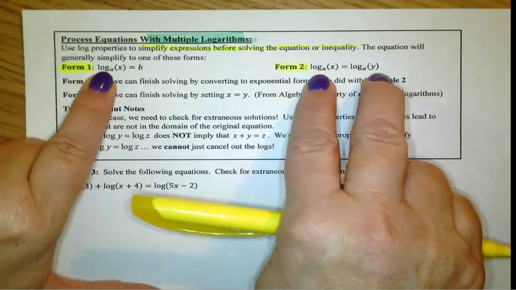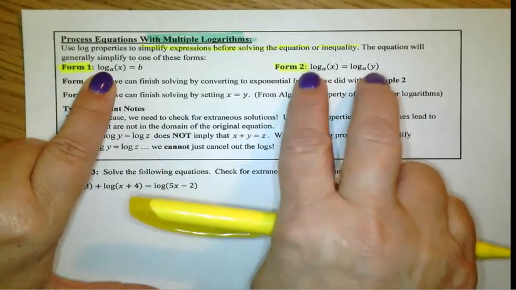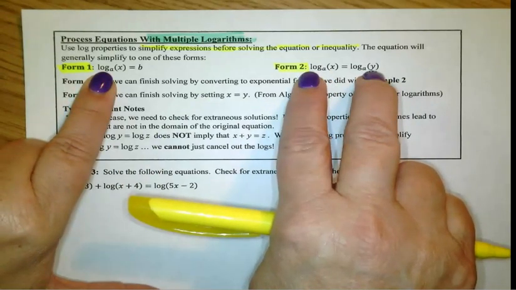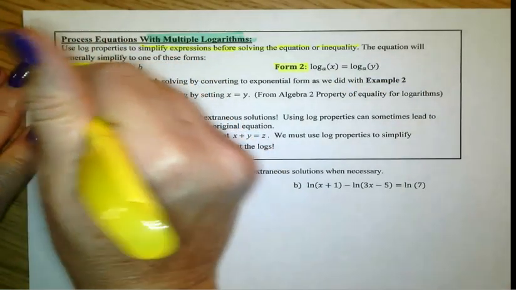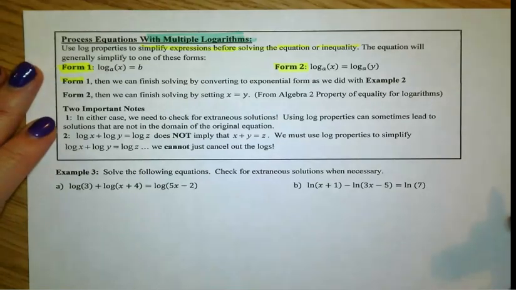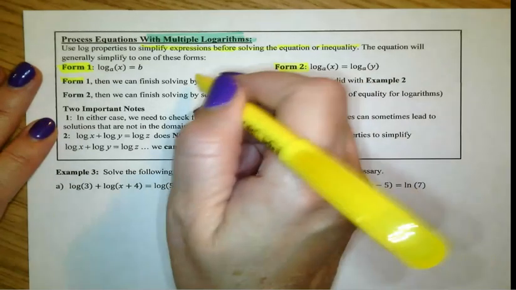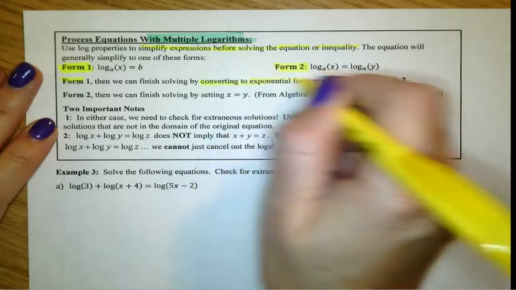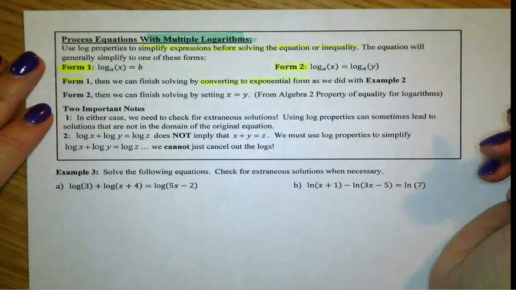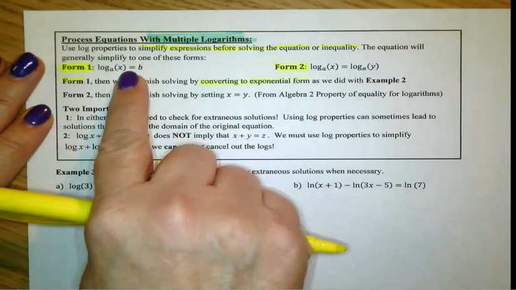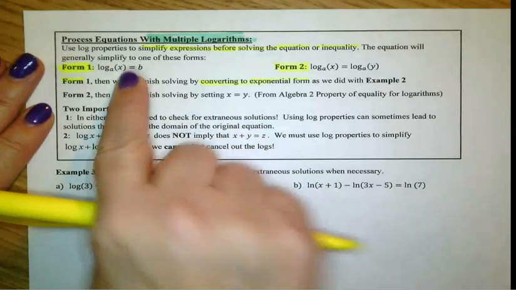If it's form 1, then we can finish solving by converting to exponential form, as we did in example 2. So we get to this point, and we can do what we've been practicing.